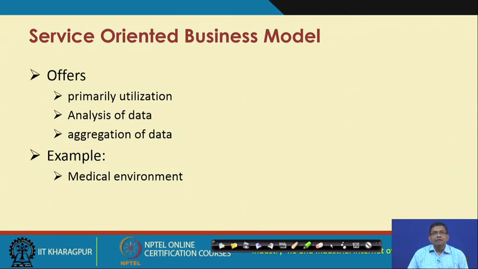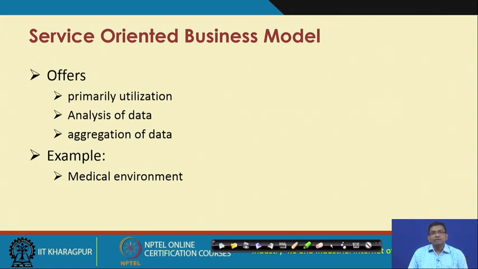So, essentially in this kind of model, we are talking about utilization of the data by different stakeholders like the doctors, the patients themselves, the near and dear ones of the patients, the paramedics and so on. So, all are different users of this kind of system, the AmbuSense system.